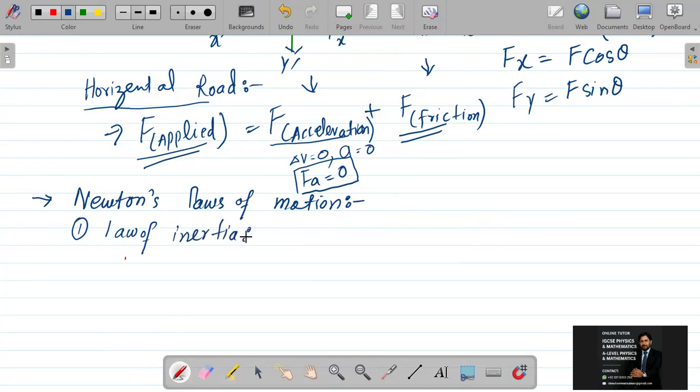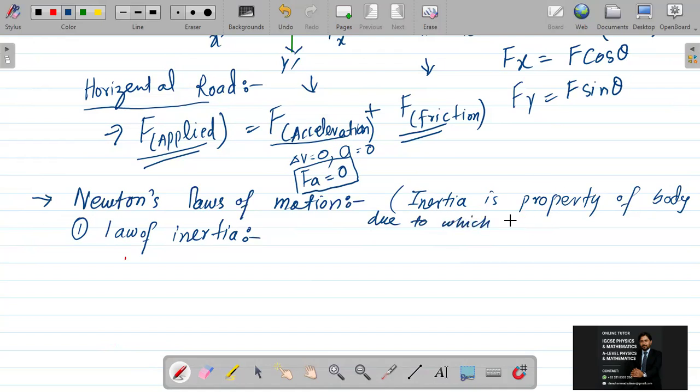What is basically inertia? Inertia is the property of a body due to which it resists any change in its state of rest or motion.